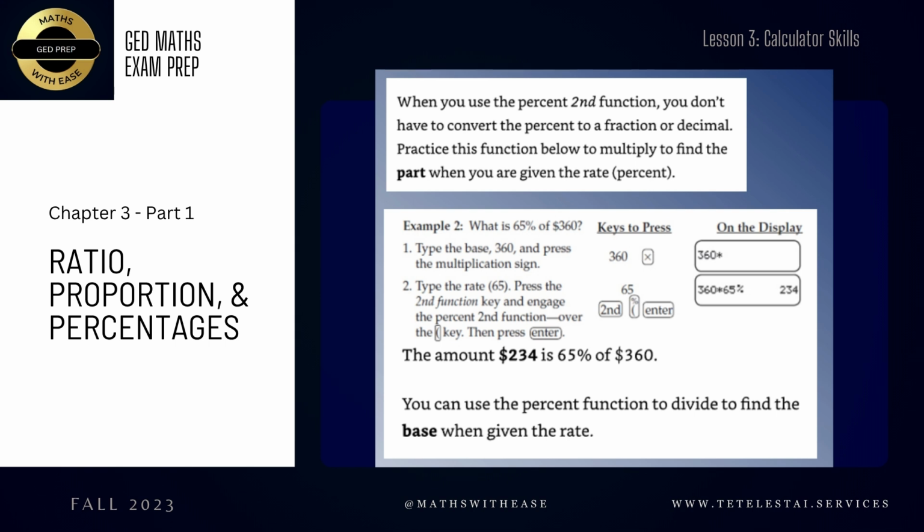Let's say your part was 5 divided by 0.25, and then you would get your answer. Or you can do 5 divided by 25, press the second function key, press the open parentheses key, which would automatically enter your percentage symbol, and you would get your answer that way as well.